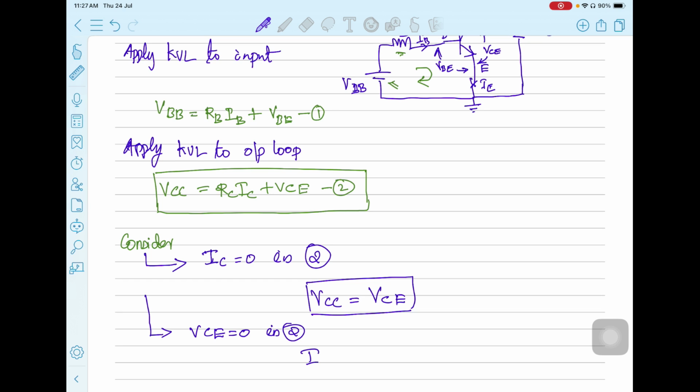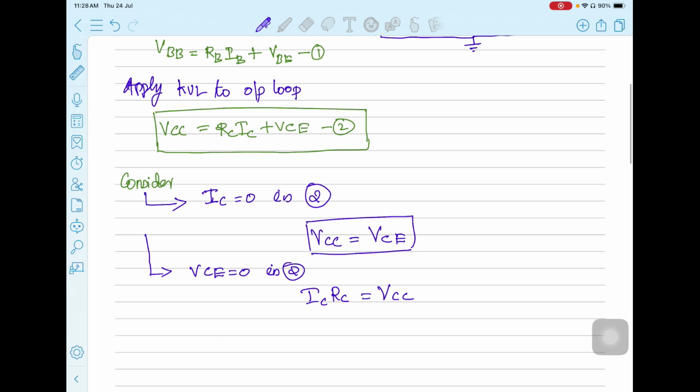Then you will get IC RC is equal to VCC, correct? And I can write IC is equal to VCC by RC, as RC goes to the other side. Okay, so this is the equation. So I simply gave IC equal to 0, you get the VCC value, and when you give VCE equal to 0, you get the IC value.